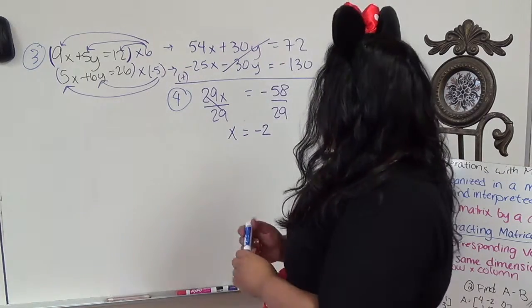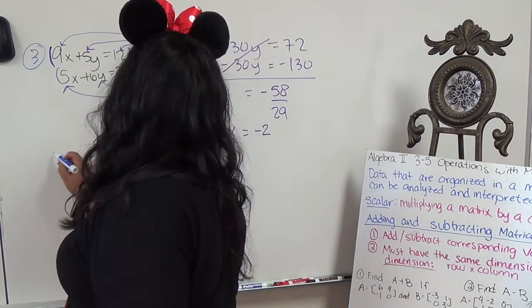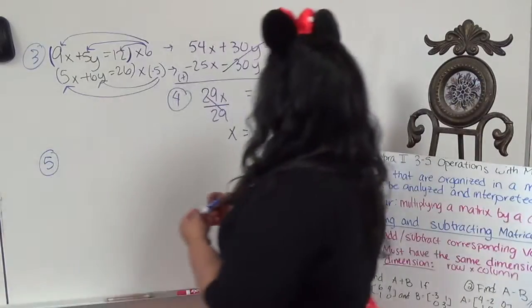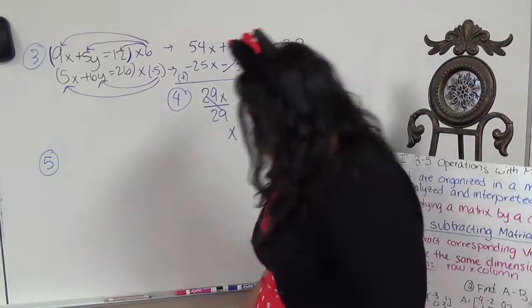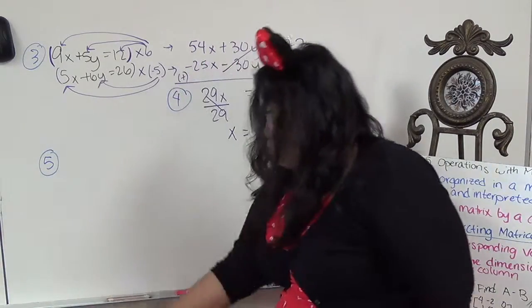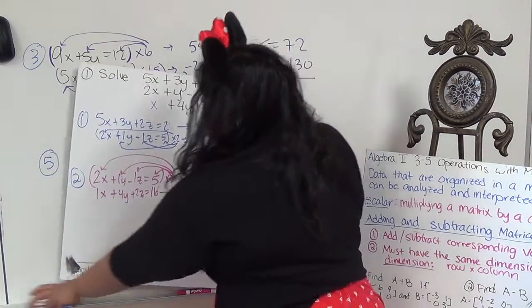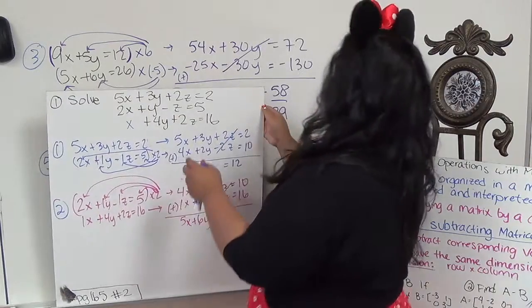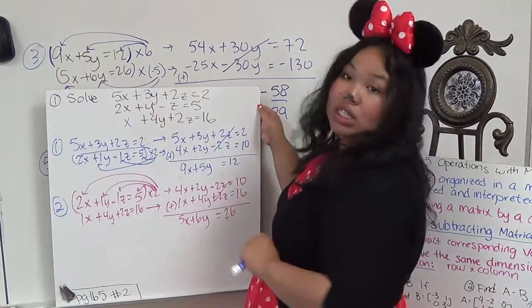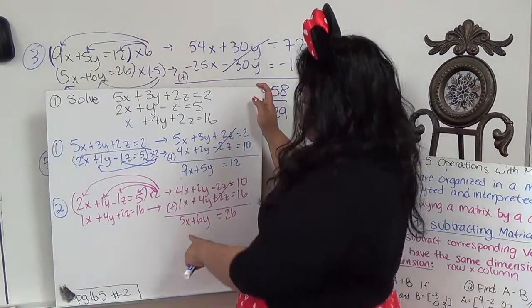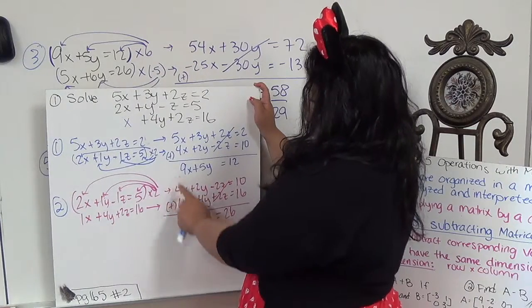So I'm going to plug in x equals -2, but I'm not going to plug it into my original equation, okay, because if I plug in x here, I still have y and z missing. What I'm going to do is I'm going to plug it into one of these that have only 2.